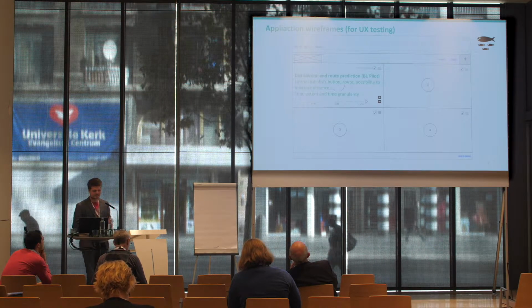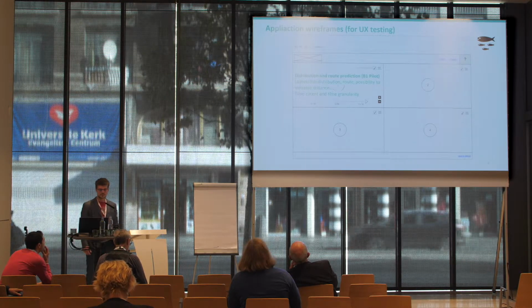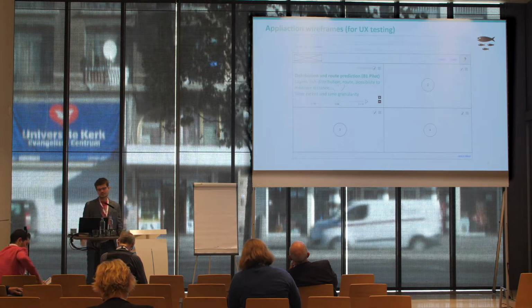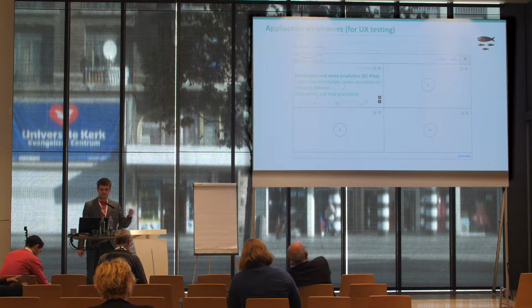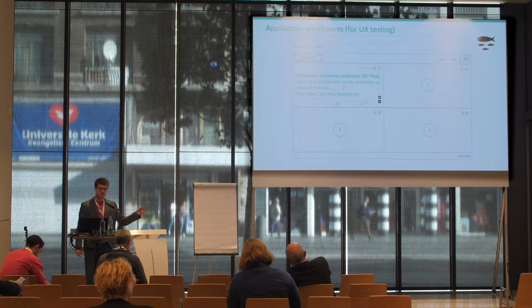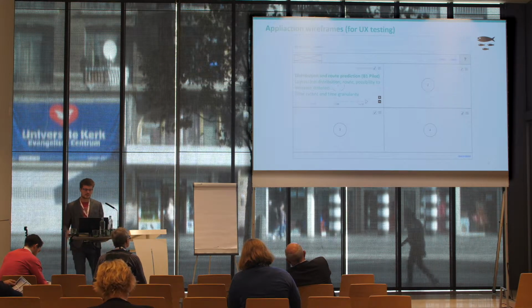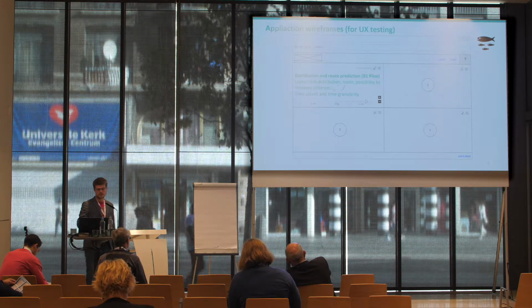And here, as I said, the first panel is the most important, the distribution and route prediction. It needs to have zoom buttons, and also a time slider where the fisherman can go back and forth to see where the ship will be in the next hour and how the distribution of the fish will change in the next hour.